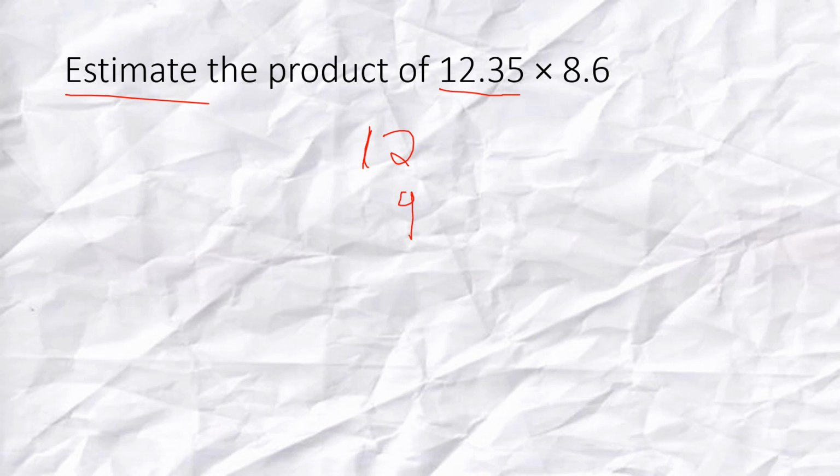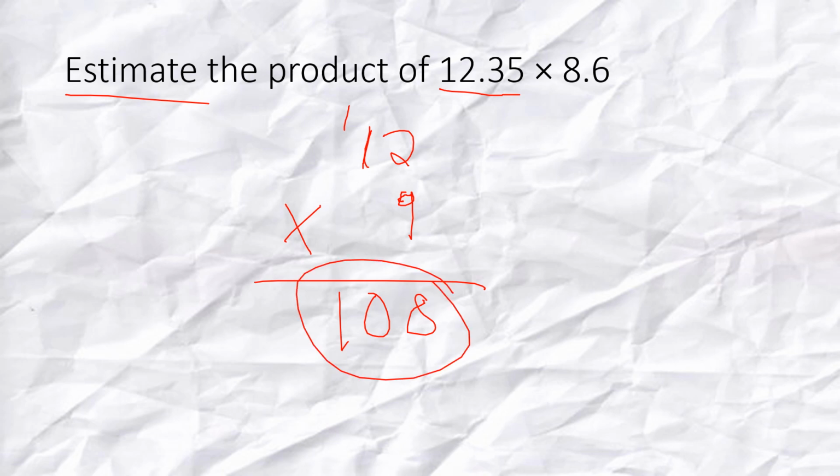So 12 times 9: 9 times 2 is 18. Regroup 1. 9 times 1 is 9, plus 1 is 10. So the estimated product of 12.35 and 8.6 is 108.